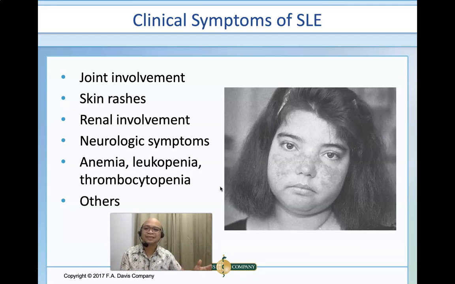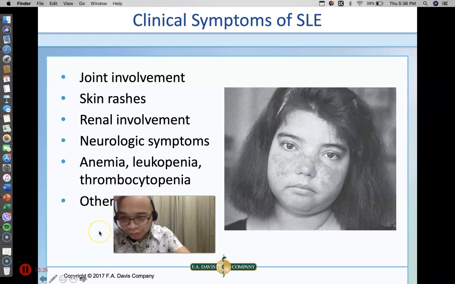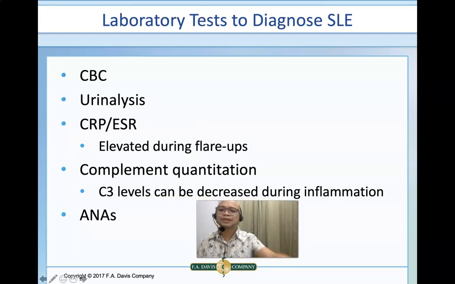There will be skin rashes, and one of the most predominant types of skin rashes in SLE is the so-called butterfly rash. Then renal involvement, neurologic symptoms, anemia, leukopenia, and thrombocytopenia.